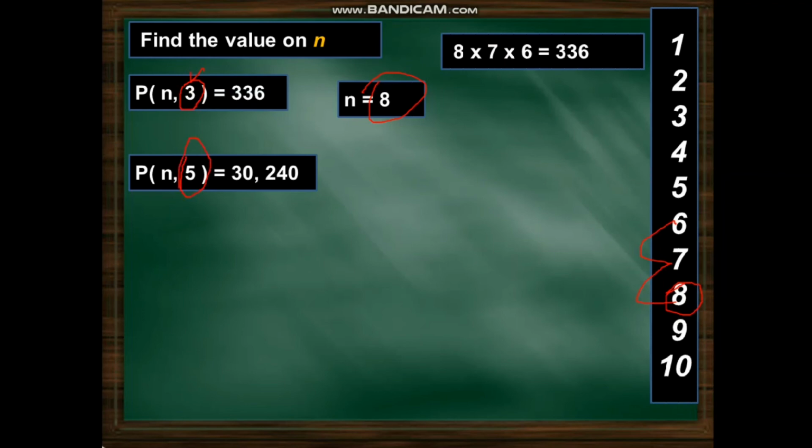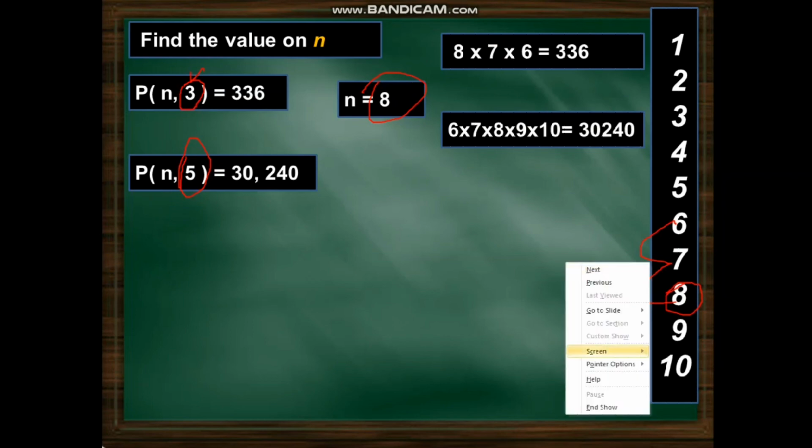Mag-multiply ka ng number, na kung saan ang ating magiging value is 30,240. And that number is, we have 6 times 7 times 8 times 9 times 10. Ang kanyang katumbas is equivalent to 30,240.